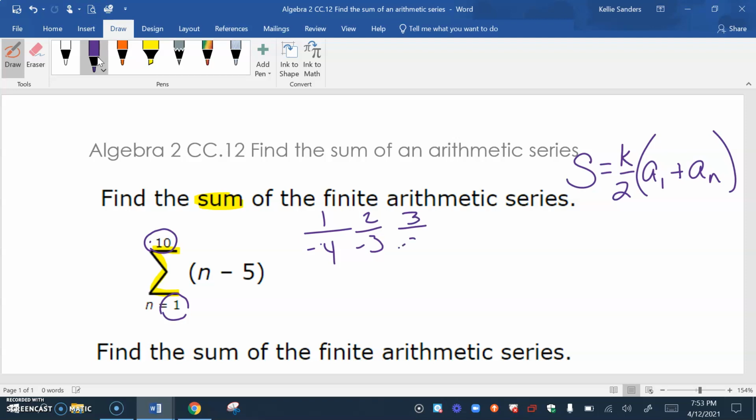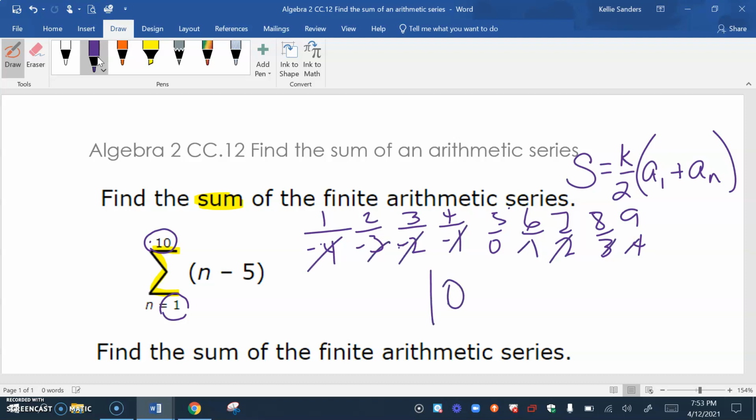For 3, I get -2. 4, I get -1. 5, 6, 7, 8, 9. If I put 5 in, I get 0. 6, I put 1, 2, 3, and 4. And what it's asking you to do is add all of the answers together. And so if we added all of these up, those would cancel, and those would cancel, and those would cancel, and those would cancel, and then you're left with 0.